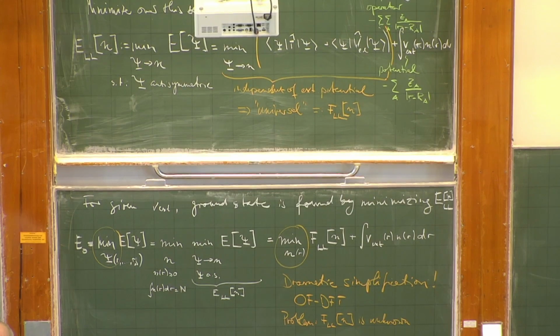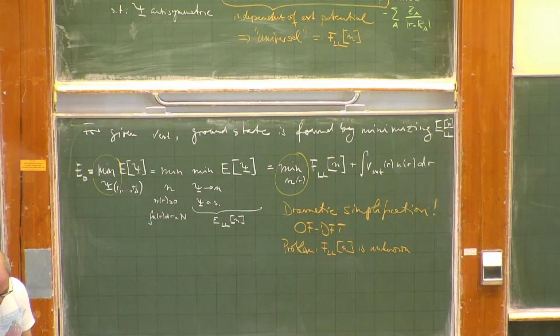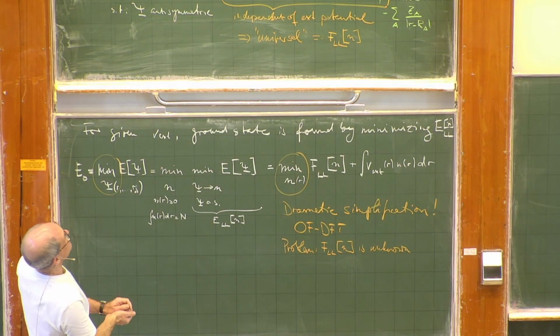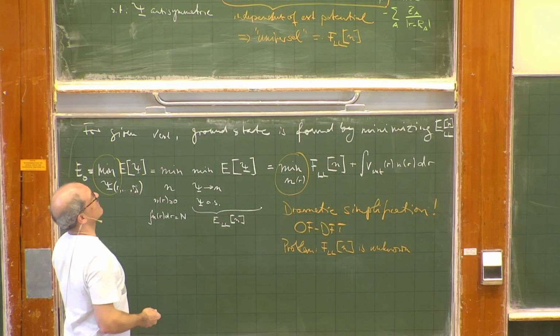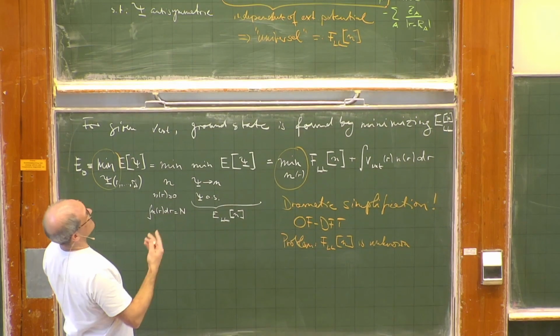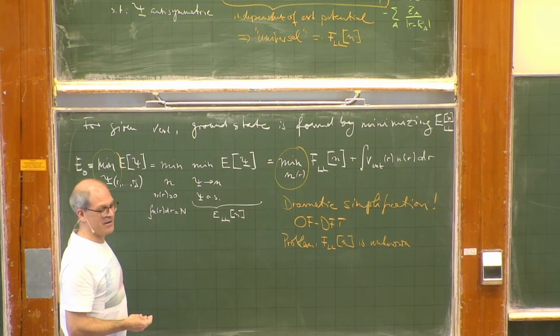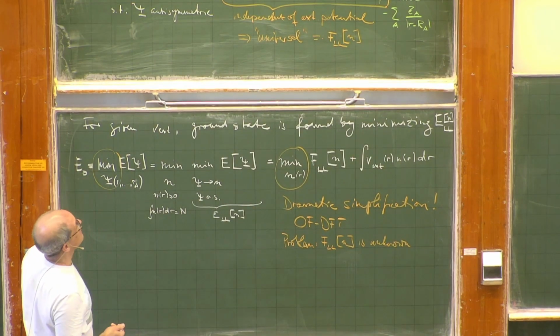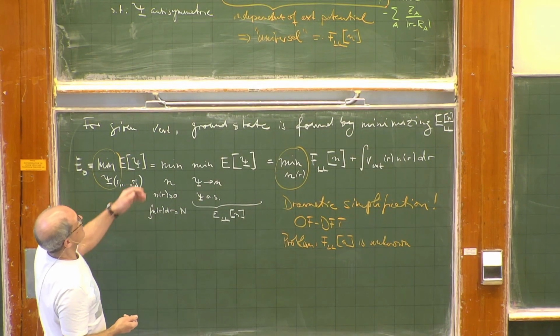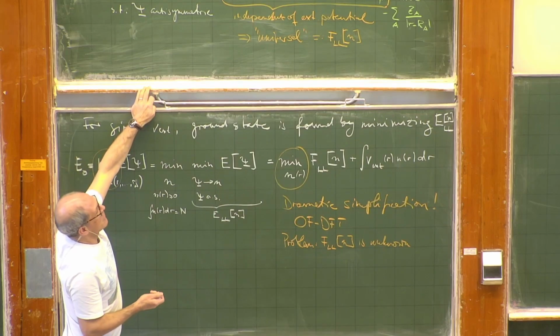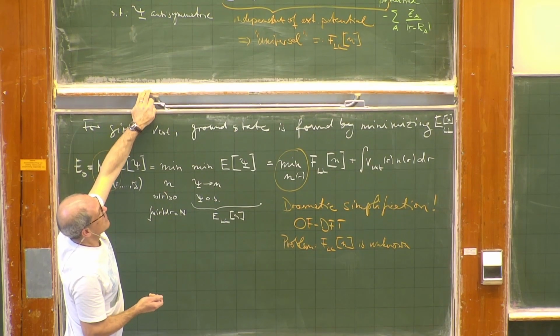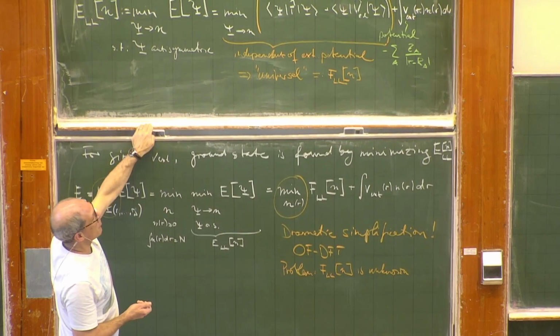Now, that being a juicy problem, some of the brightest minds have, of course, tried to understand the structure of this Levy-Lieb functional. And we can write down plausible contributions.